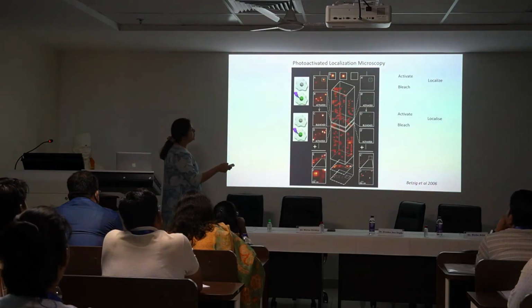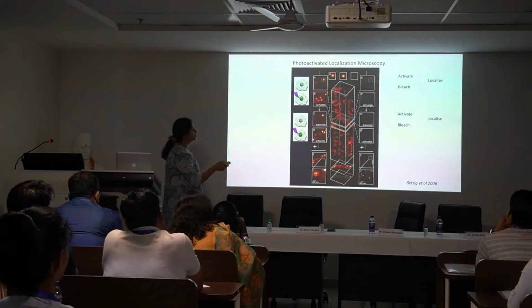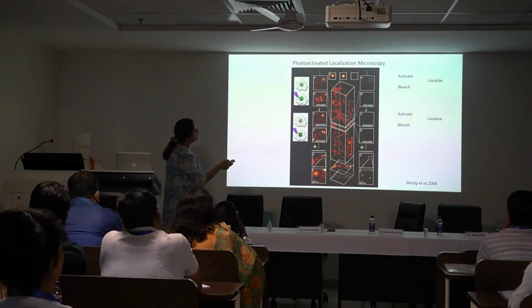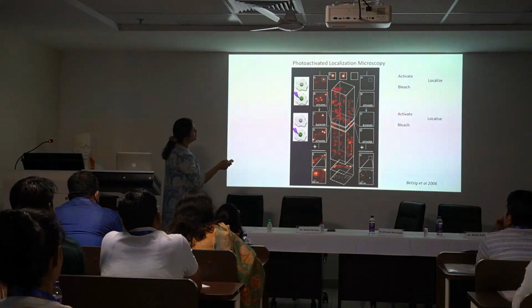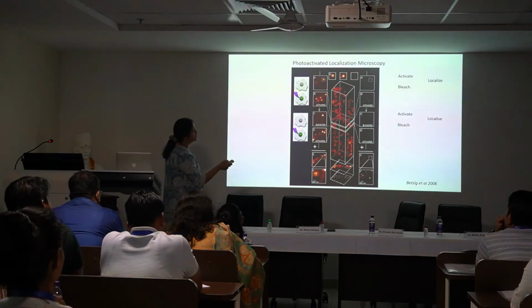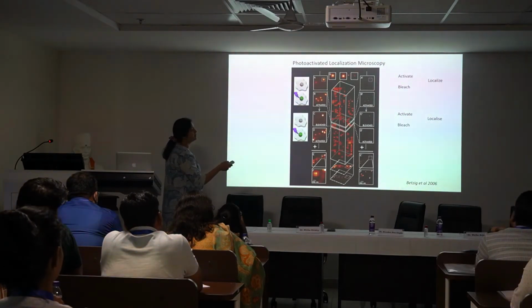So one can activate single molecules, let's say. Once we activate single molecules, we know that that's how the light pattern is going to show. There's going to be interference and so on, which will show this interesting diffraction pattern. And where is the molecule? The molecule is most likely placed in the center, right?